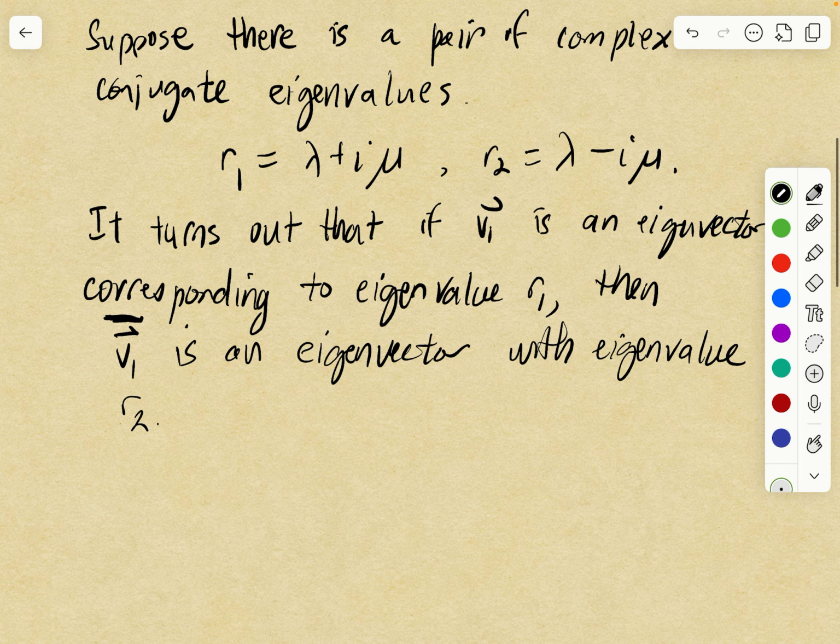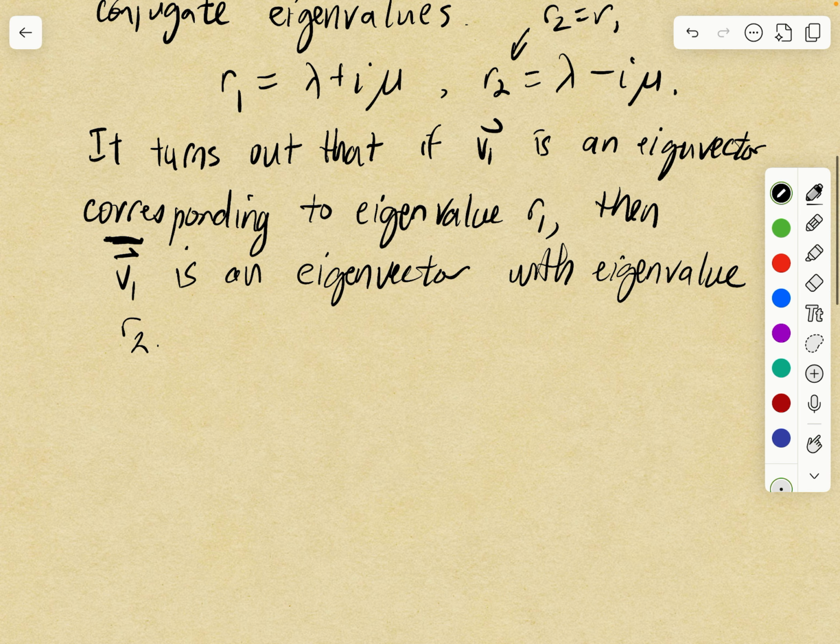Which, if you think about it, isn't very surprising because r2 is just the complex conjugate of r1. This is just a general fact that if you have A times v is r1 v, then A times v bar, the complex conjugate, is just going to be r1 bar v bar. That's what that's saying.